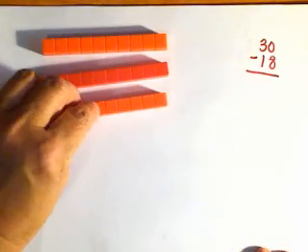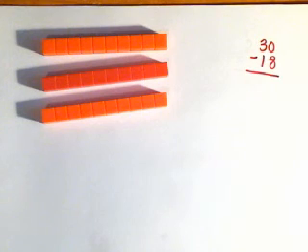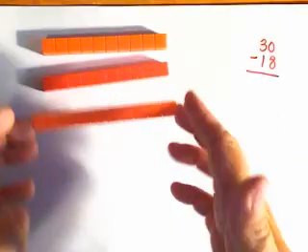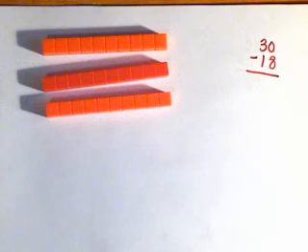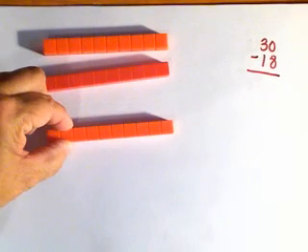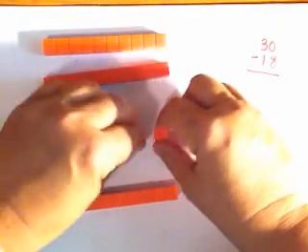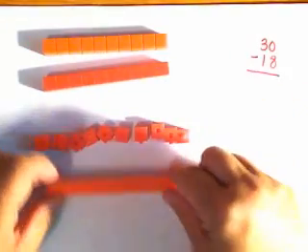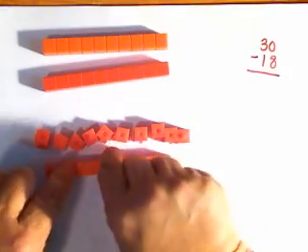So now I'm going to take this away. And so I still have 30 here, but it looks different now, okay? It's 2 longs and 10 units. It's still exactly the same thing. It's still 30. All right, so now I'm going to remove 18 because I can do that. 18 would be 1 long and 8 units, okay? So I remove that, and I have 12 left.